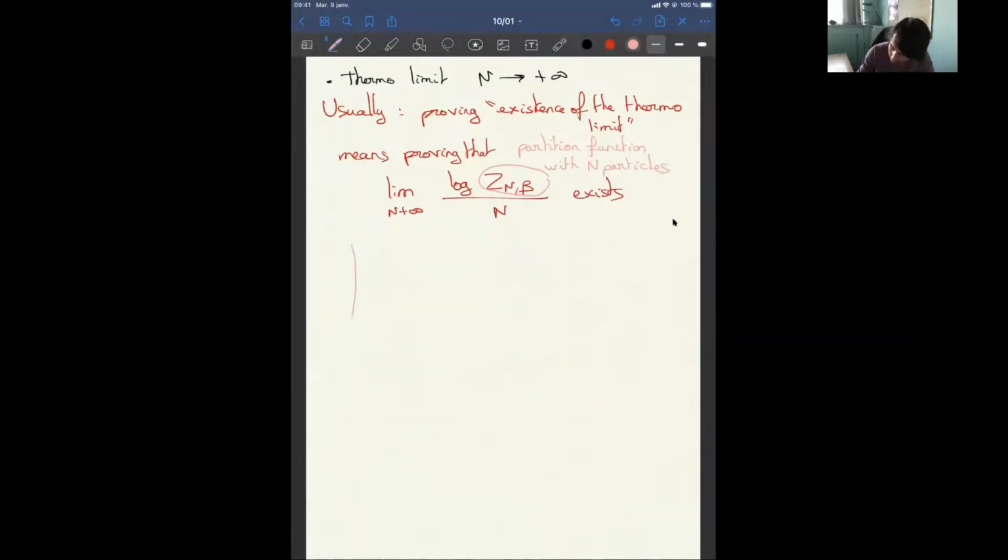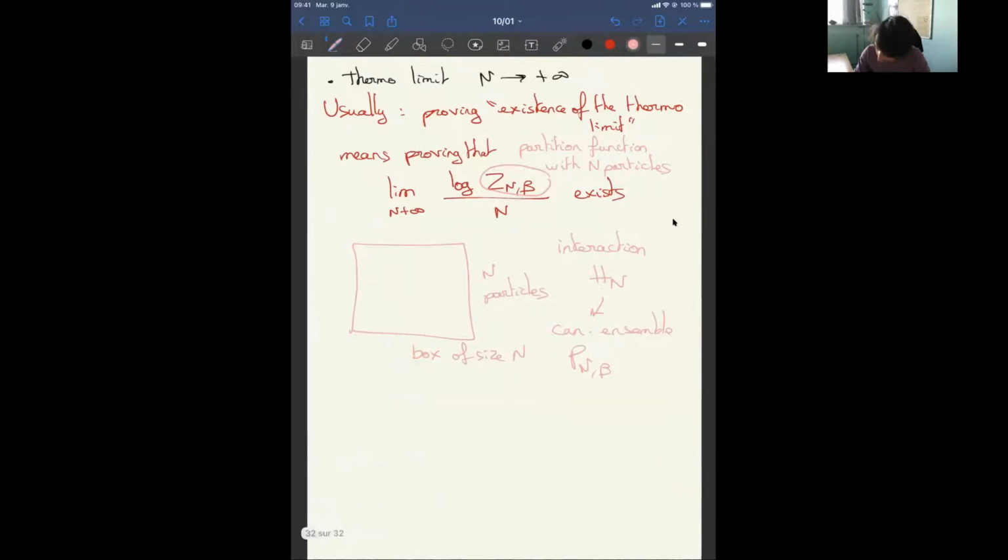Okay, so what we assume is that for each n, we have, say, a box of size n particles, and then a certain interaction Hn. So this gives rise to the canonical ensemble Pn, and then there's beta, the temperature.